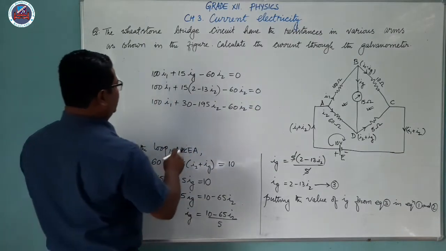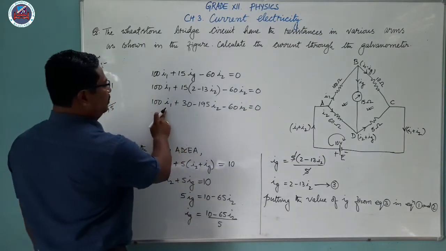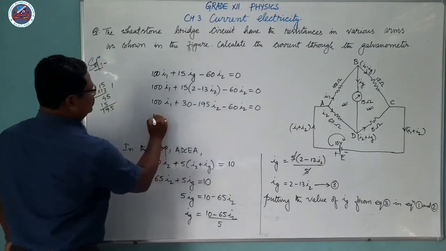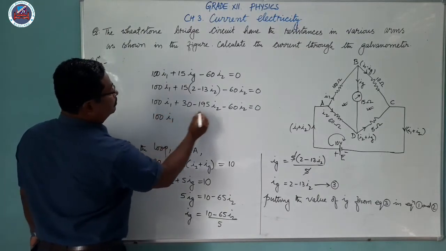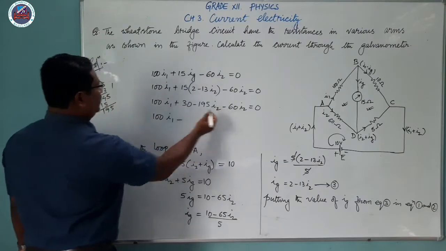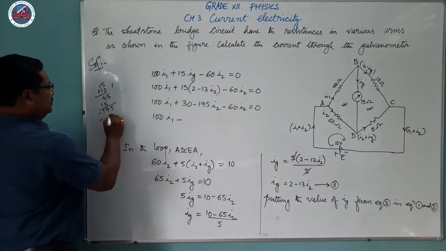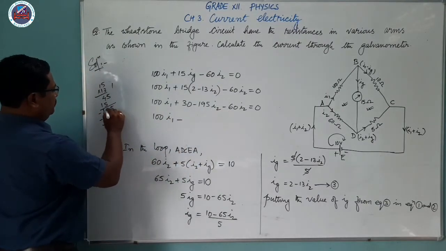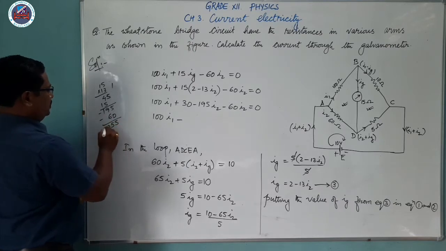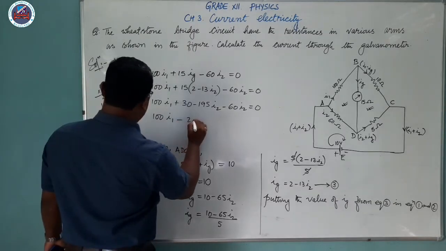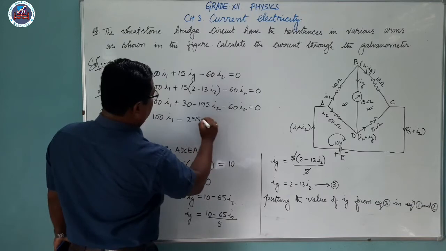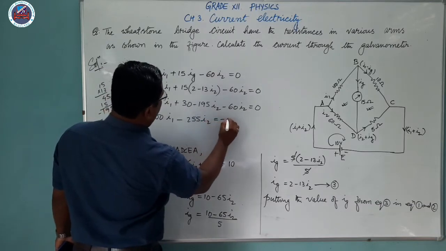So here what we get is 100 I1 minus, if we add them up, both are minus, 195 plus 60 is 255 I2, is equal to minus 30.